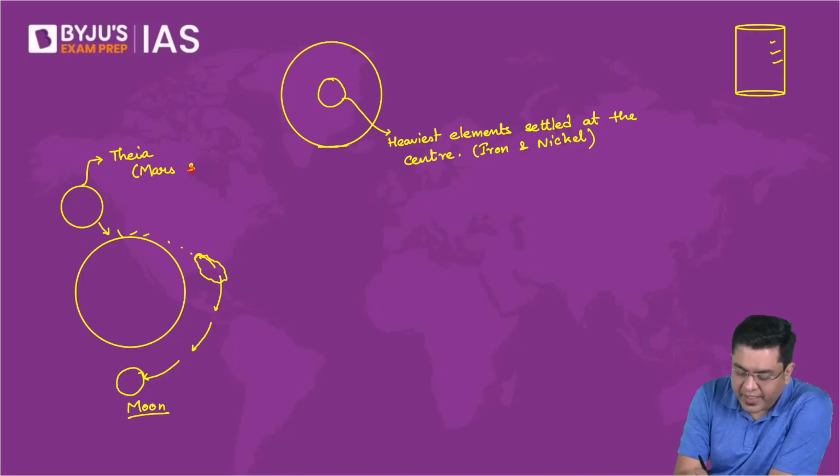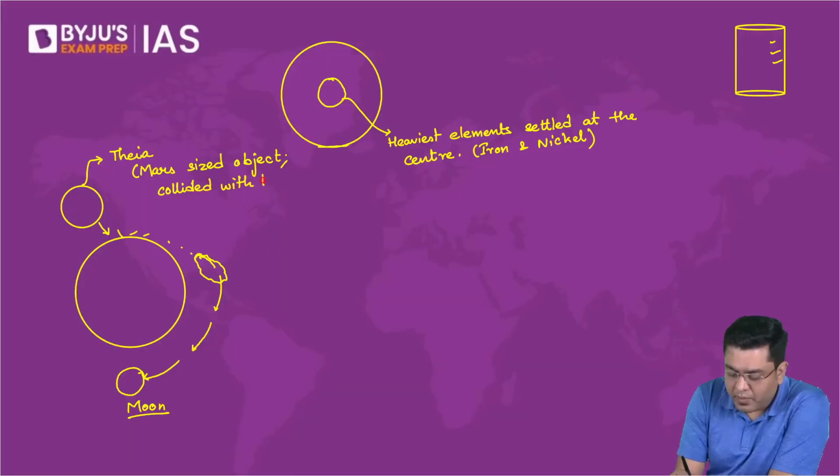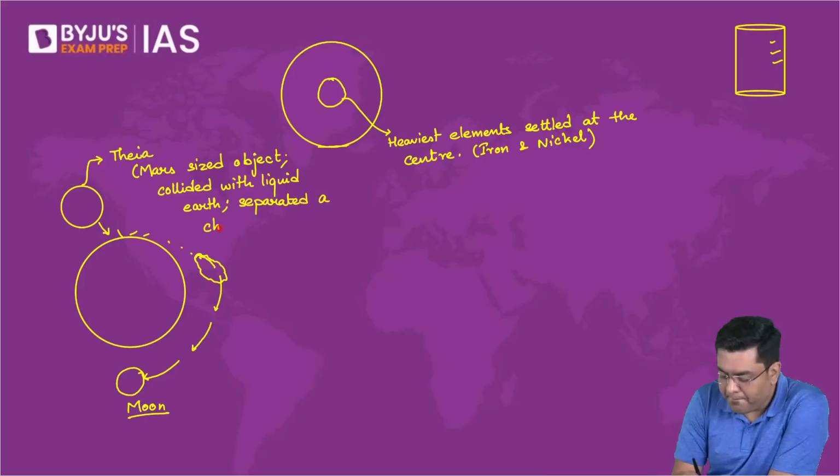A Mars-sized object collided with the planet, liquid Earth, separated a chunk of mass.